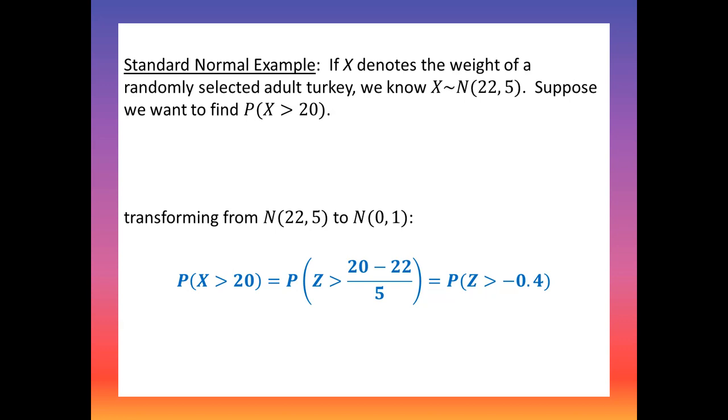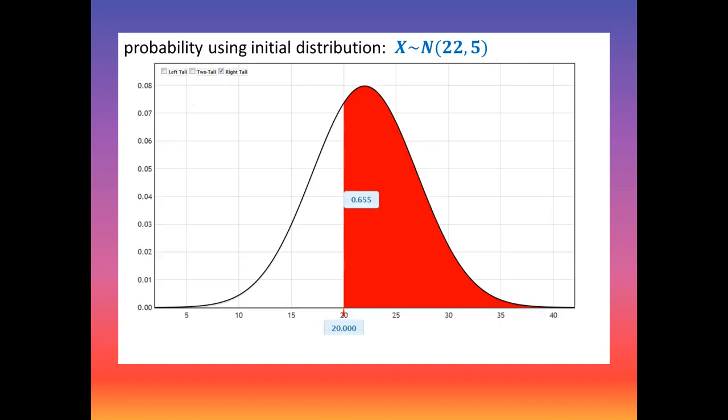The next step is standardizing, the middle part in between the two equal signs. When you standardize x, you get z. So (x minus mu) over sigma, you end up with a z to the left of the inequality. And on the right side, subtracting 22 and then dividing by 5, you'd eventually end up with a negative 0.4.